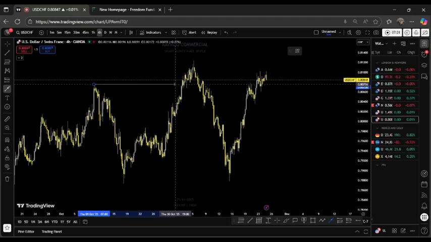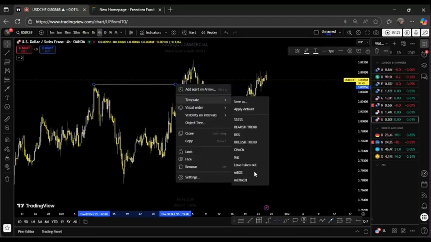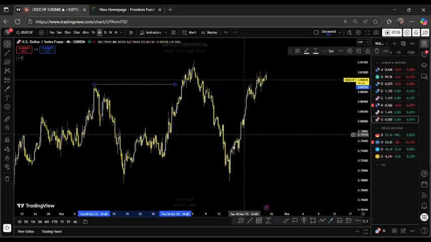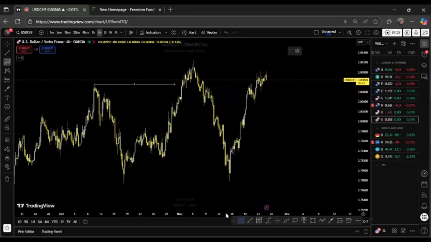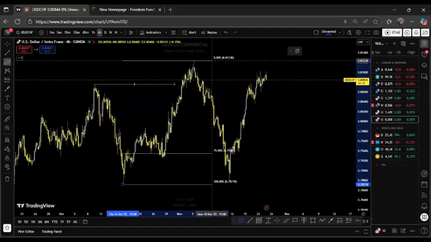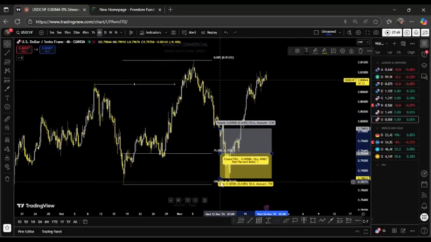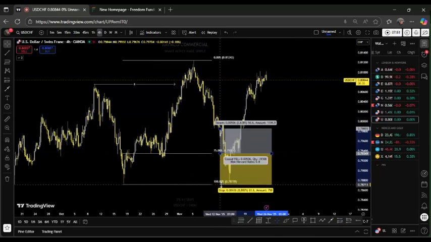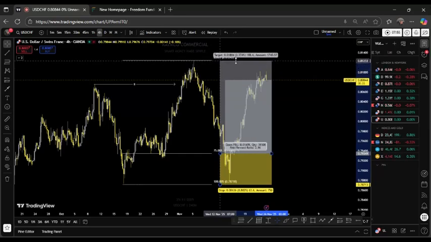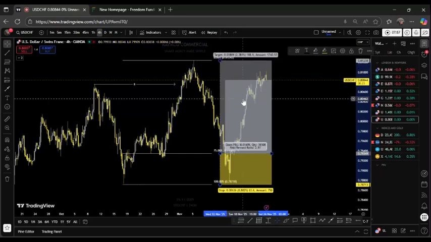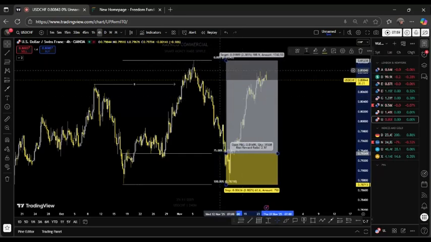So you're having a break of structure, BOS, and I place my Fibonacci tool at this low, and then my take profit at that high. So I could have placed my entry here and my stop loss at this low, and then having my target there. If you look at it, it's almost 1 to 3. I just have to place it perfectly.